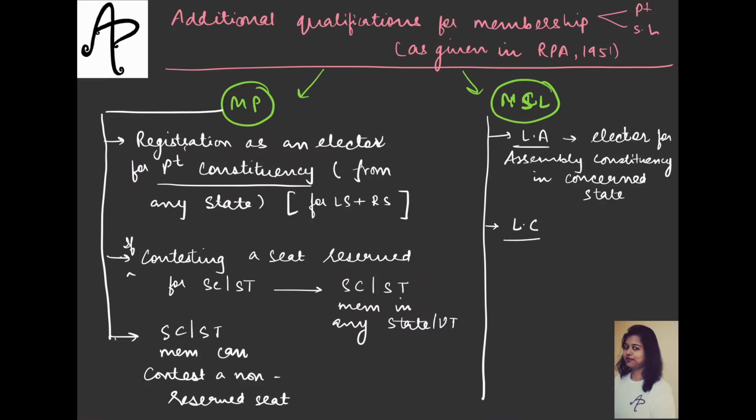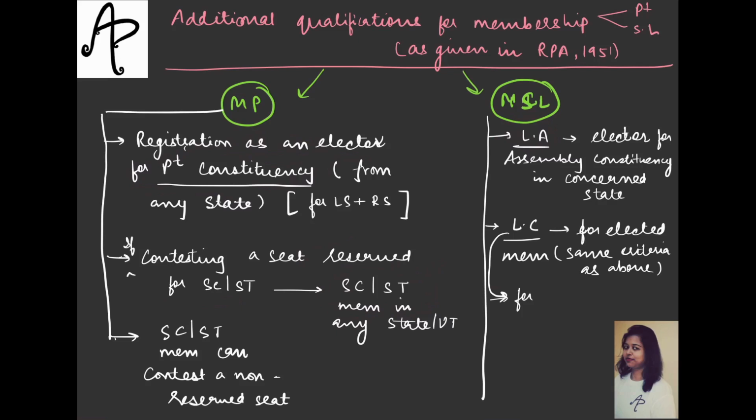लेजिस्लेटिव काउंसिल की बात करें, so for elected members, same criteria as above. ठीक है, यानी कि सेम स्टेट के किसी भी असेंबली कॉन्स्टिट्यूएंसी में रजिस्टर्ड होने चाहिए. And in their case nominated, क्योंकि अब असेंबली में तो we do not have a nominated member now. पहले एंग्लो इंडियंस होते थे, अब नहीं होते हैं.